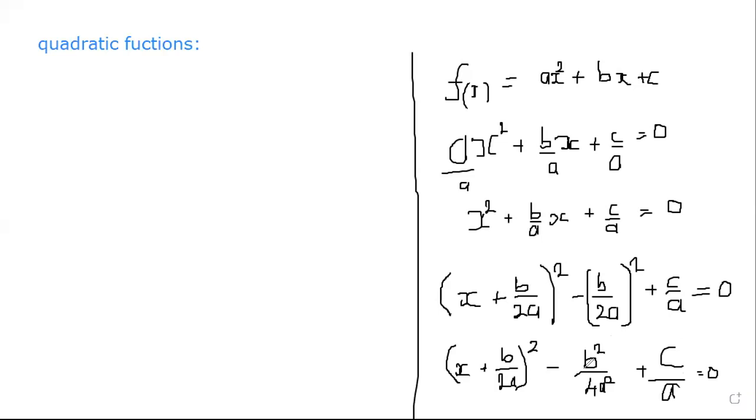So let's combine those two guys so that we have x plus b over 2a squared.